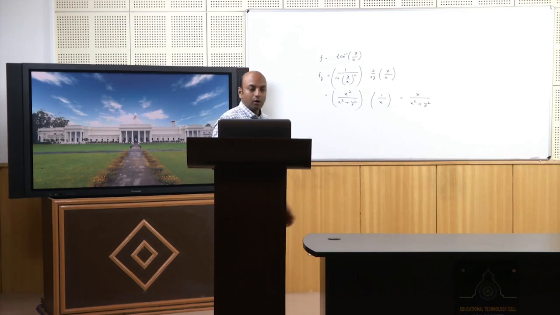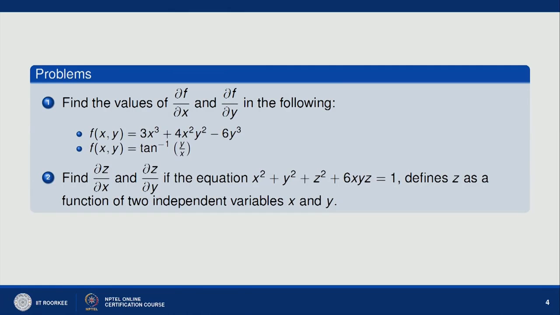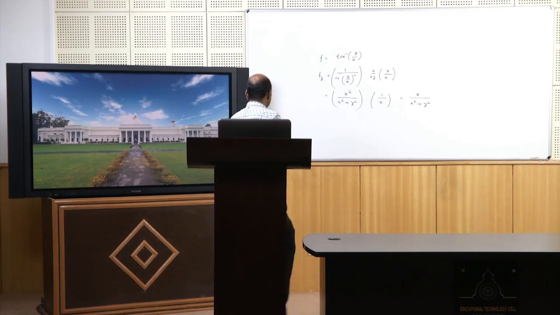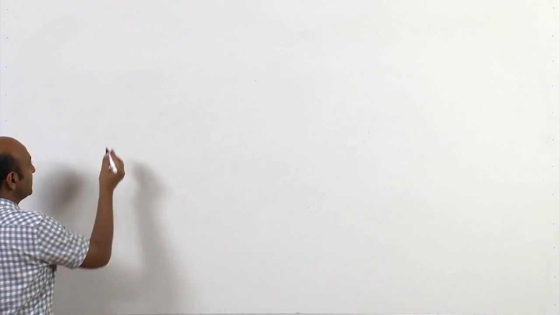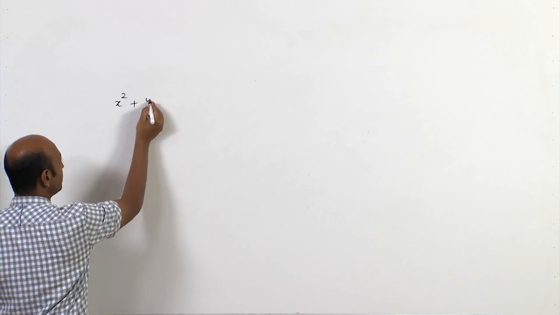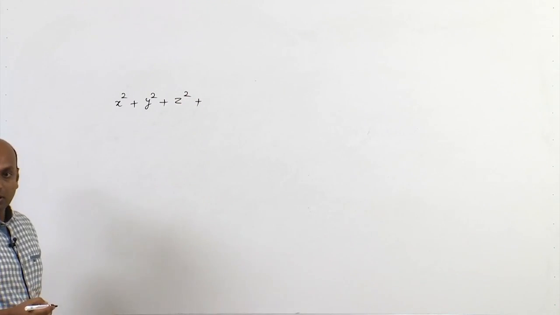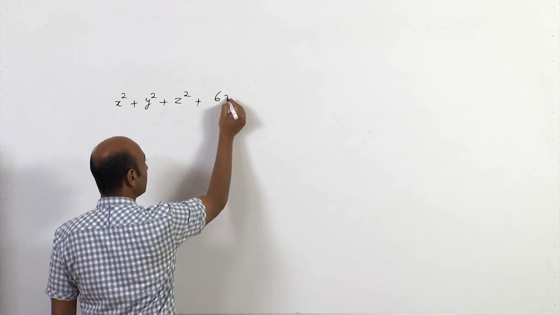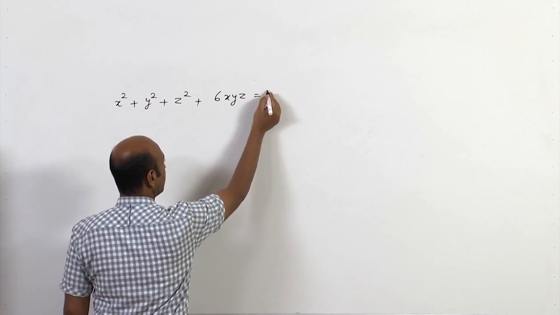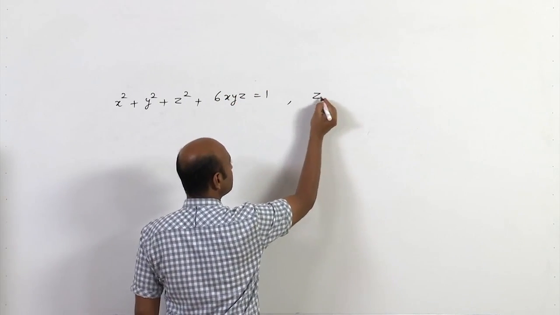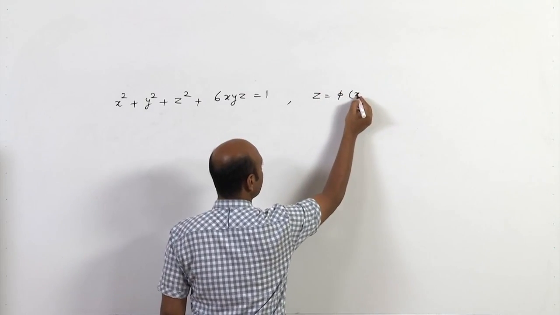Okay. Now, let us solve the second problem. Find zx and zy if the equation defines z as a function of two independent variables x and y. So, what is the function? Now, the equation is x square plus y square plus z square plus 6xyz equal to 1, and here z is a function of x and y.